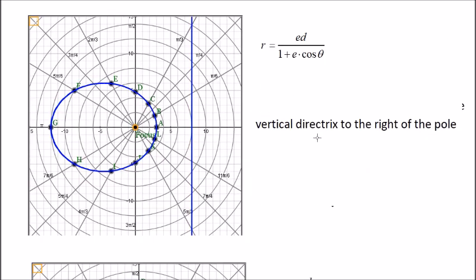If the vertical directrix is to the right of the pole, then the corresponding polar equation will be R equal to ED divided by 1 plus E cosine of theta.